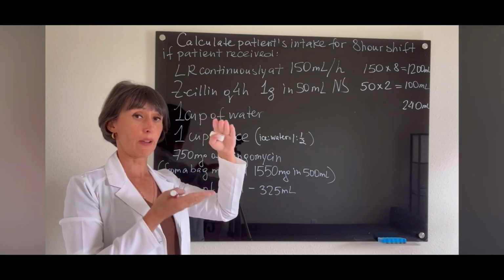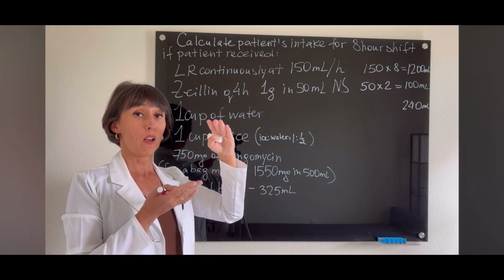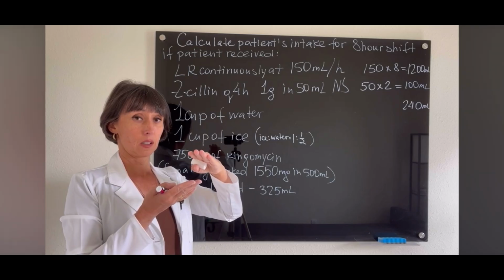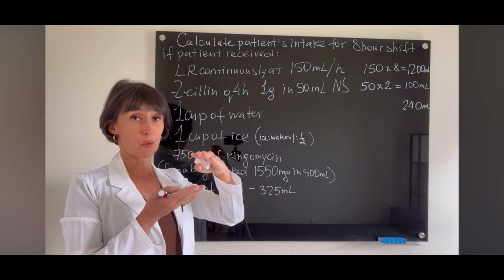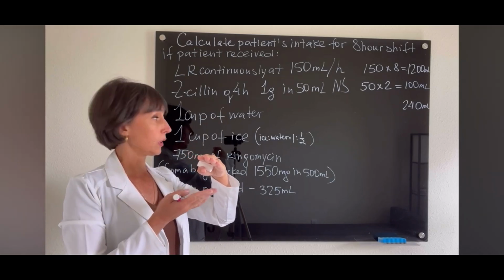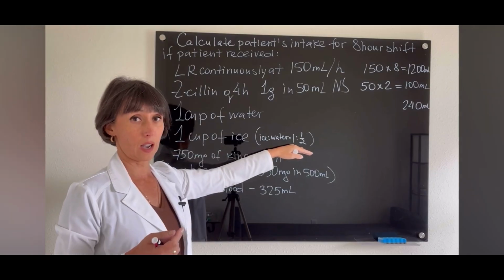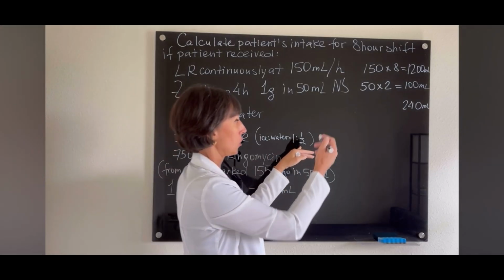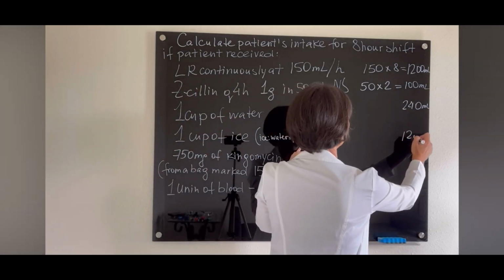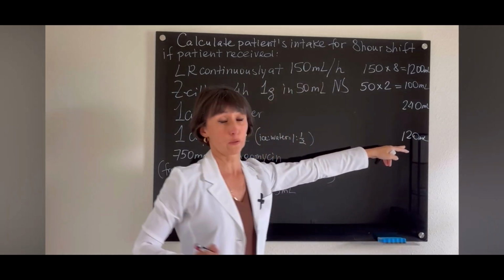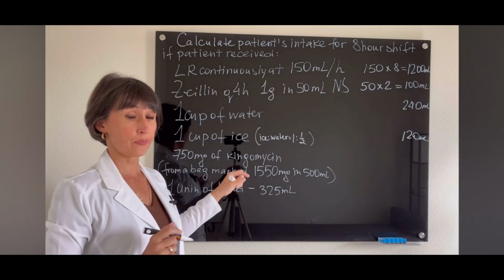That means that if you have a full cup of ice, when the ice melts, it leaves only about 1/2 cup of water. So you will calculate here 1/2 cup of liquid, which is 120. Half of 240 is 120.